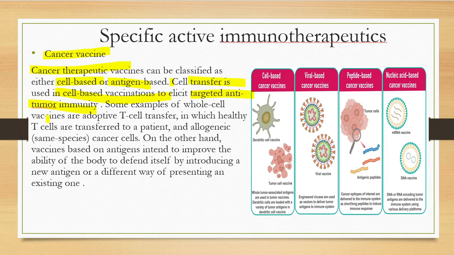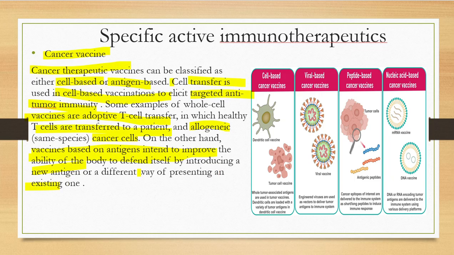Some examples of whole cell vaccines are adoptive T cell therapy, in which healthy T cells are transferred to a patient, and allogenic cancer cells. On the other hand, vaccines based on antigen are intended to improve the ability of the body to defend itself by introducing a new antigen or a different way of presenting the existing one.